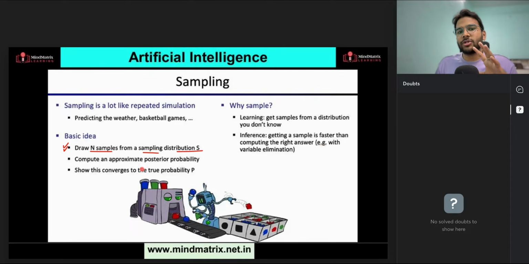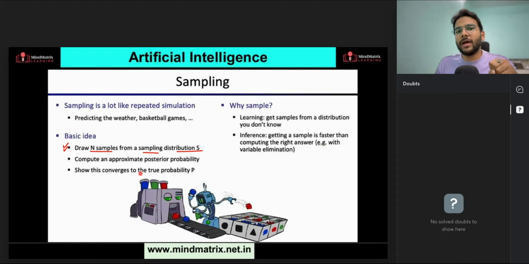Let's say you have a distribution or collection of, let's say, 100 things, or let's say 1 lakh things, right? It will be impossible for you to get an idea of the entire distribution.